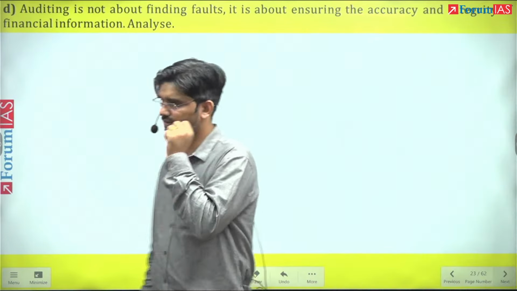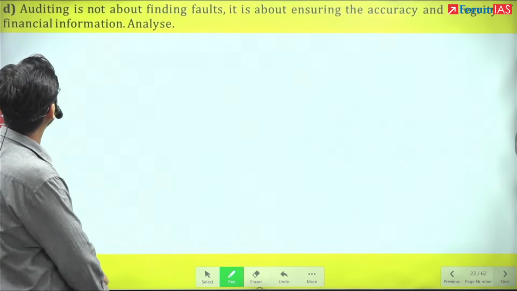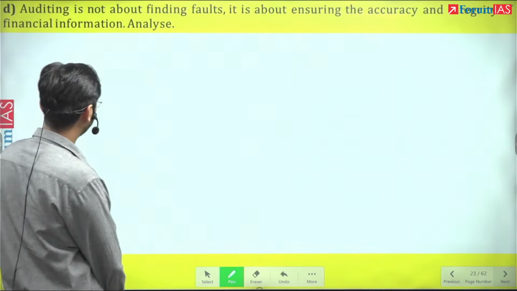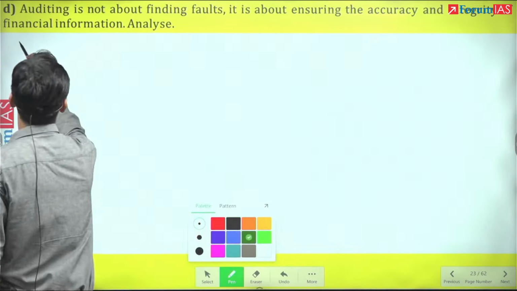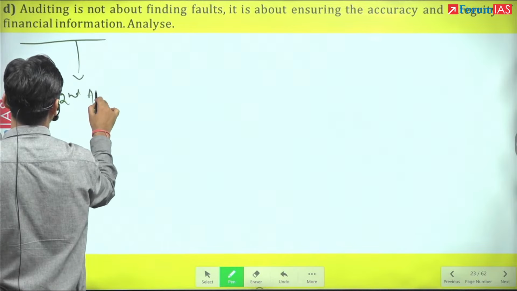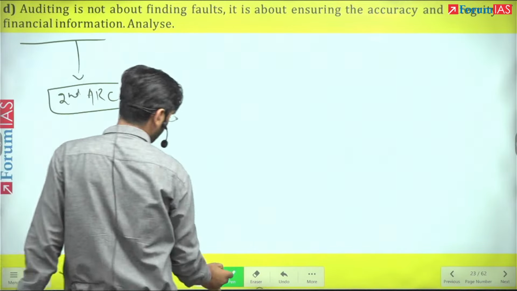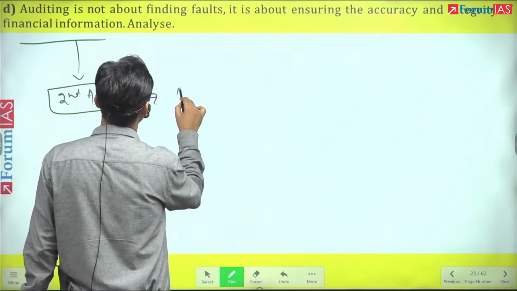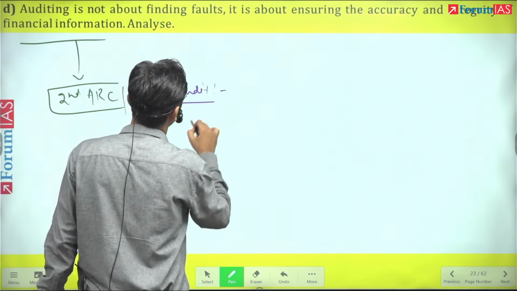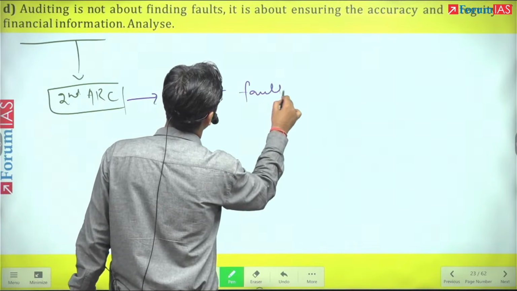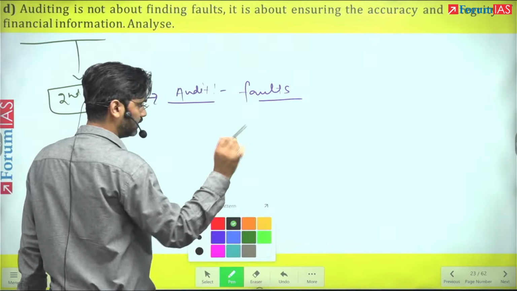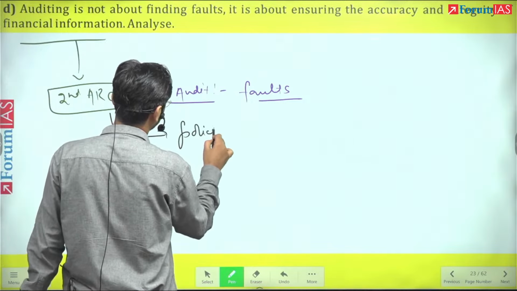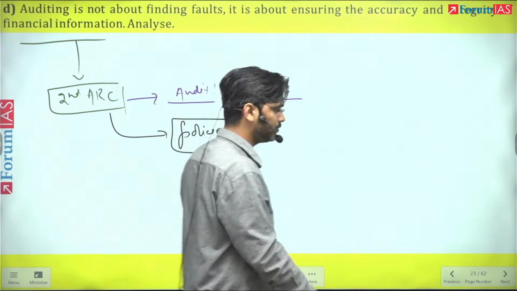Auditing is, okay, first question related to audit. Auditing is not about finding faults, but it is all about ensuring the accuracy and integrity of financial information. Again, Second ARC. Okay, easy question. Second ARC itself has argued that it has been seen that in audit reports the focus is more on faults, identifying there is this problem, there is this problem, which is specifically related to policy issues.